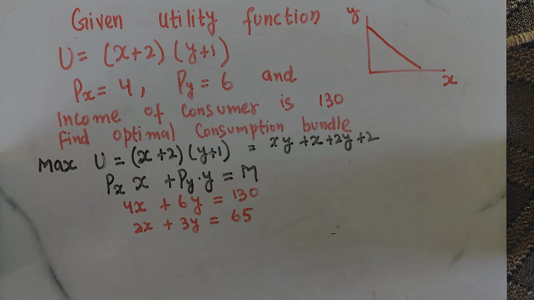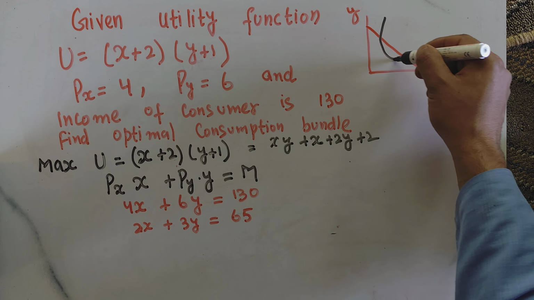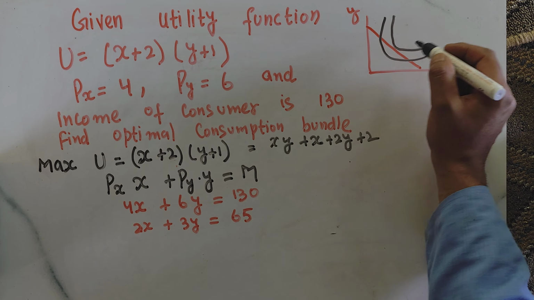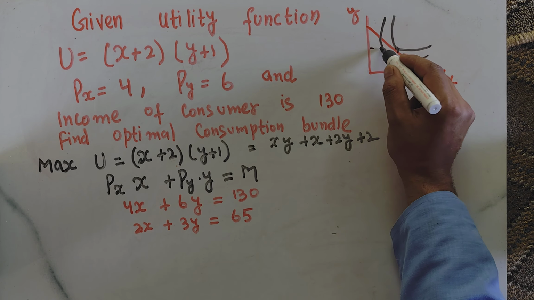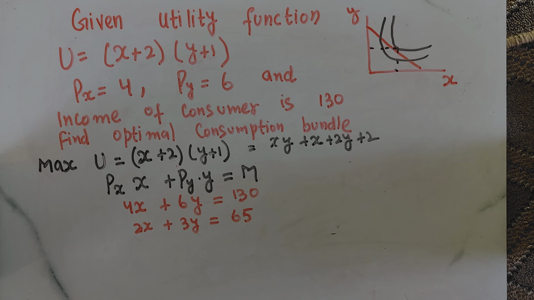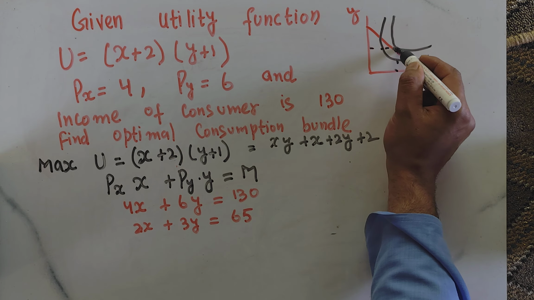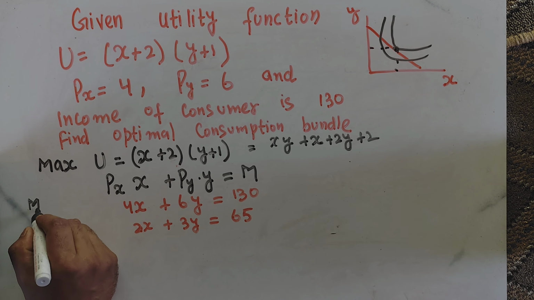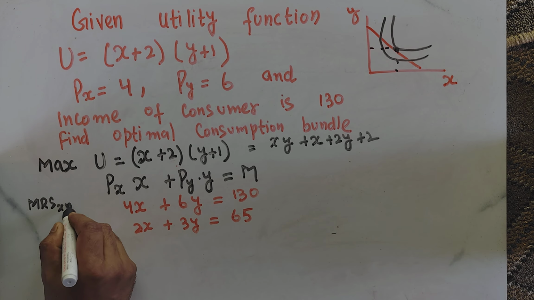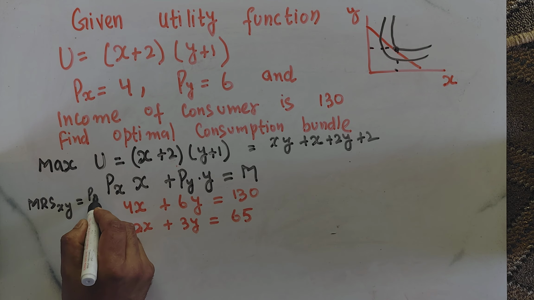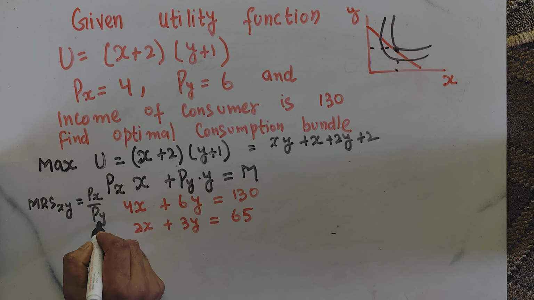Okay, so with the given budget set, the consumer wants to reach the highest possible satisfaction, and the optimal bundle will lie at a point where the indifference curve and the budget line are tangent to each other. At this point, our marginal rate of substitution between good x and y should be equal to the ratio of the prices, price of x upon price of y.